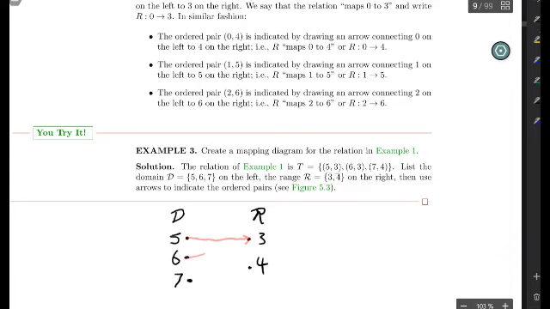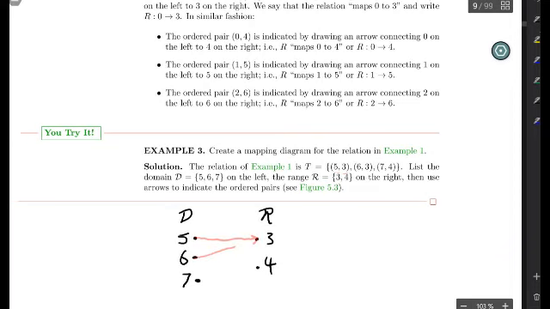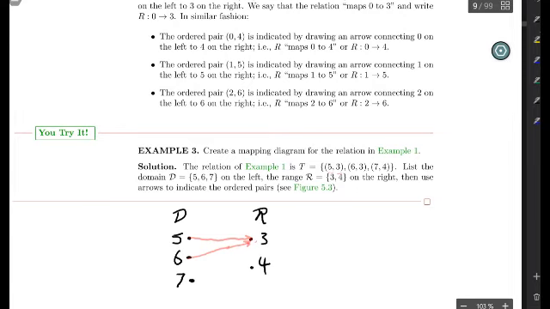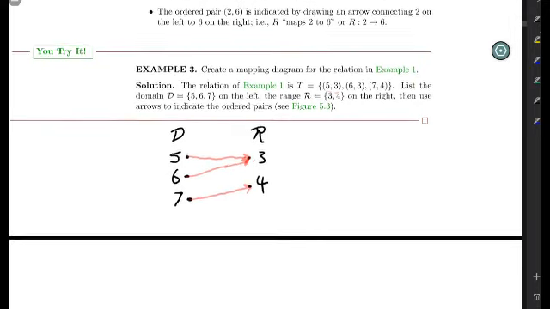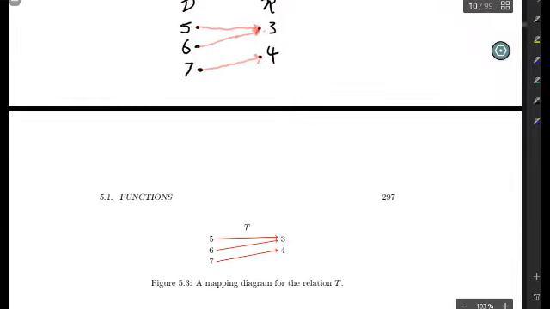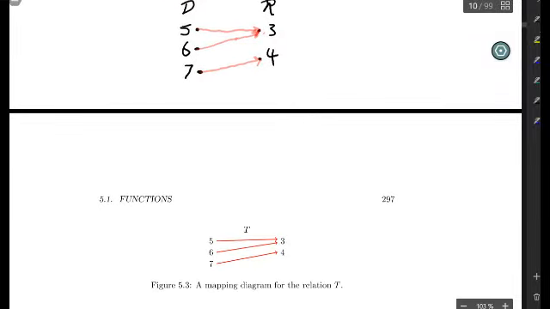So we have an arrow from 6 also going to 3. And then 7, 4. So 7 maps uniquely to 4. And just as we have here in the text below.